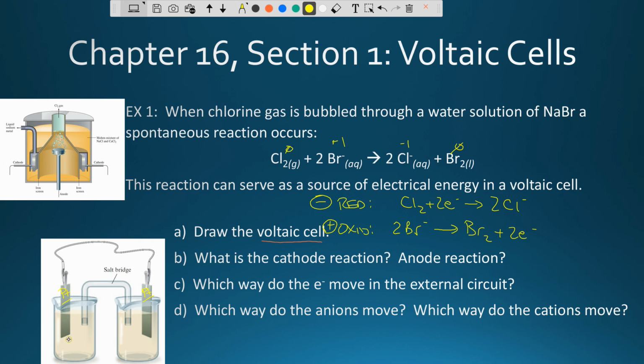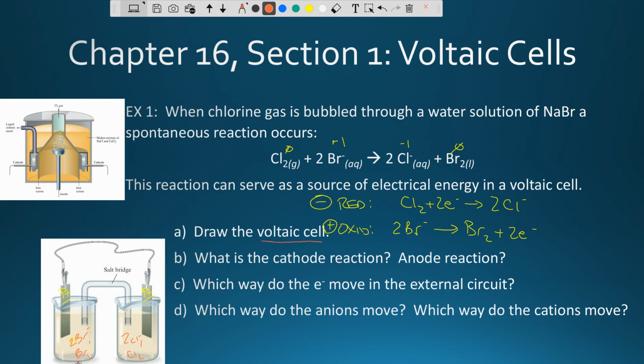What's happening in here is, let me switch colors so you can see it better, my two bromide ions are going to become the bromine liquid. And then similarly, my two chloride ions are going to become the Cl2 gas. It's going to be bubbling up and I'd harvest it from there.